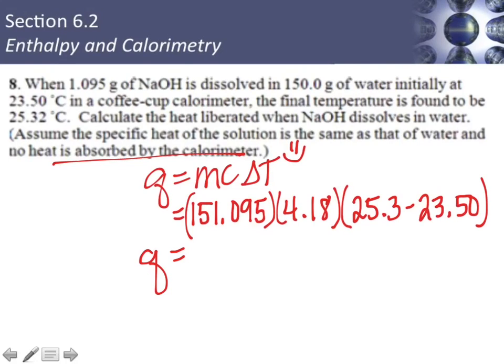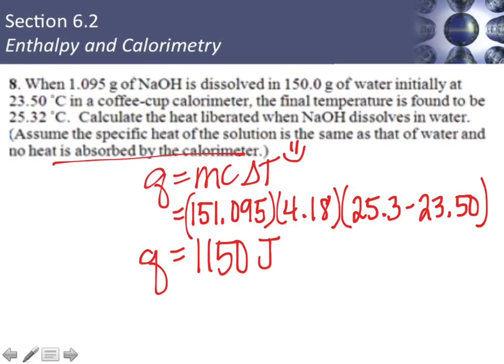Will this heat change because of this? It says, assume the specific heat of the solution is the same as that of water. So what is the Q going on in the cup, to 3 sig figs? So 1,150 joules.